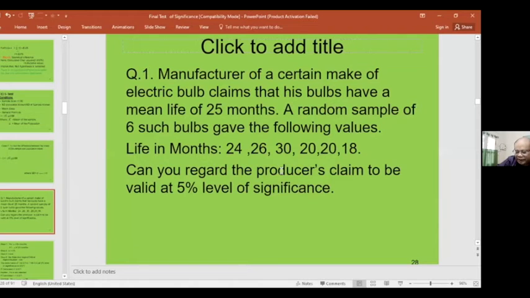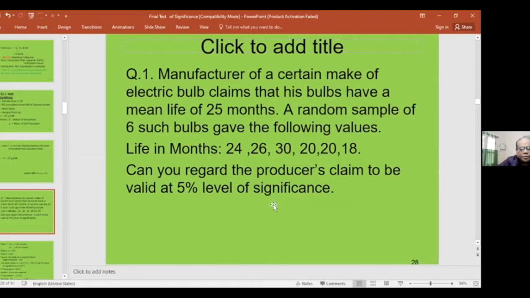So statistical data says that mean income is 25,000, but my sample data says that mean income is 22,000. So is there any significant difference or not? You can test using this formula. One is population historical data and the other is your sample data. When you want to compare them, use this one sample t-test.